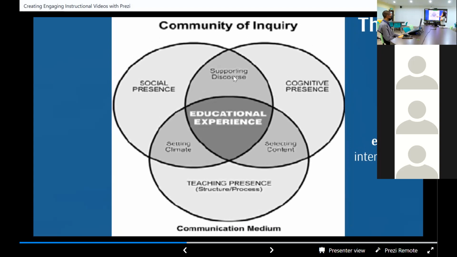Yeah, that's the one. Supporting discourse here means that when you have the cognitive, the content presence, you need to also have the social, because this whole framework comes from social constructivism. Social constructivism is where we believe that students are the ones who make meaning of the things they learn.